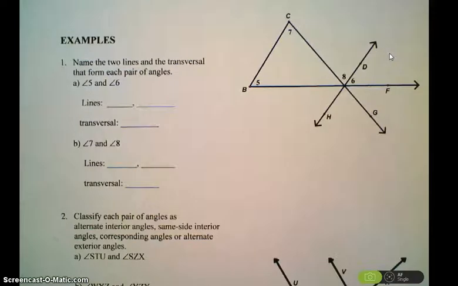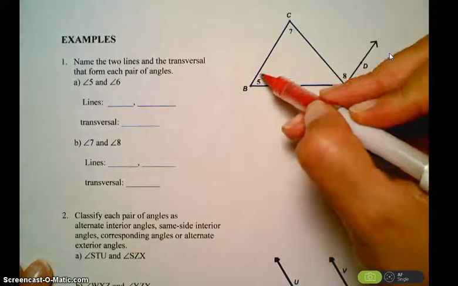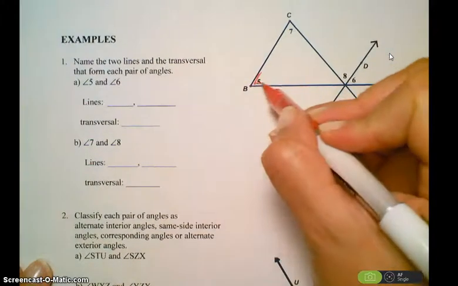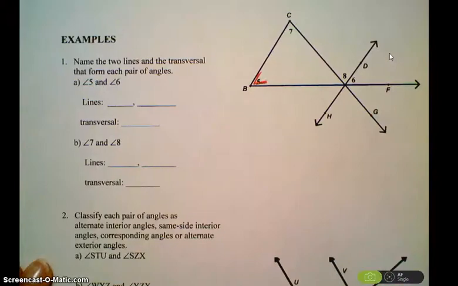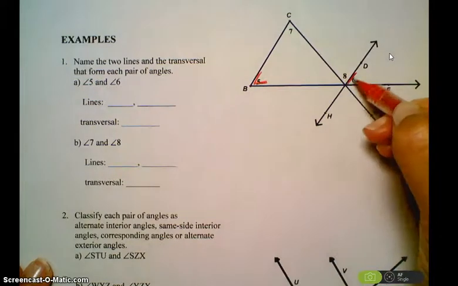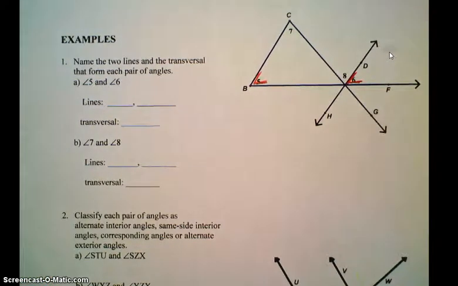Okay, on page 5, our first example is asking us to name the two lines and the transversal that form each pair of angles. So when I look at angle 5 and angle 6 in the picture, I'm going to take my pen and do a little outline of angle 5, and a little outline of angle 6.